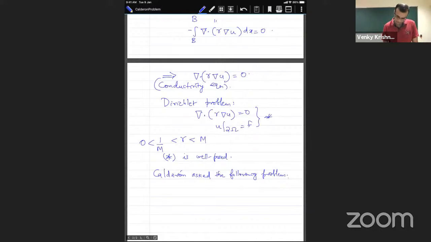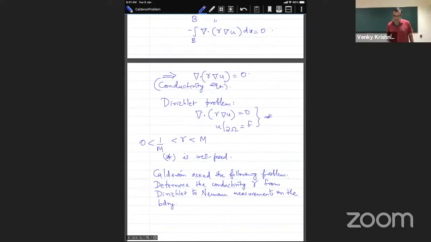So the question is to determine the conductivity of the medium, so the conductivity gamma, from Dirichlet and Neumann measurements on the boundary. So what do I mean by that?